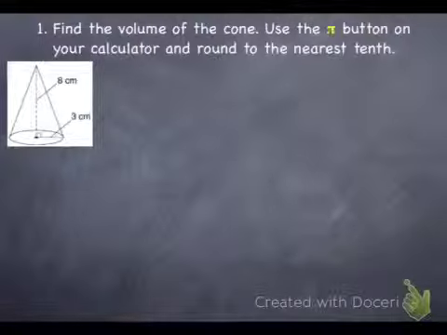Number 1, find the volume of the cone. Be sure to use the pi button on your calculator and round to the nearest tenth. A lot of you have really gotten on board with this, but I still have a few of us who aren't quite using the tenth or the pi button. The first piece of info you would need is the equation for finding the volume of a cone.